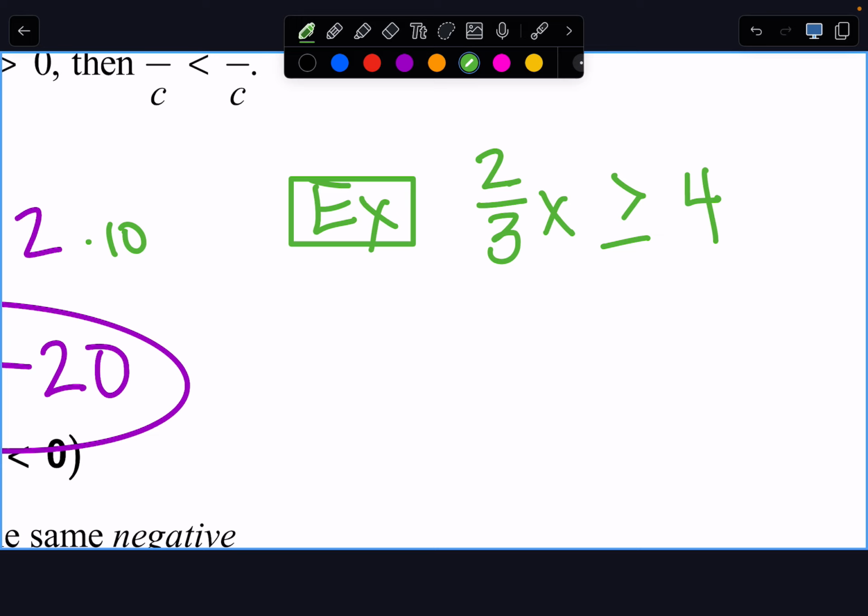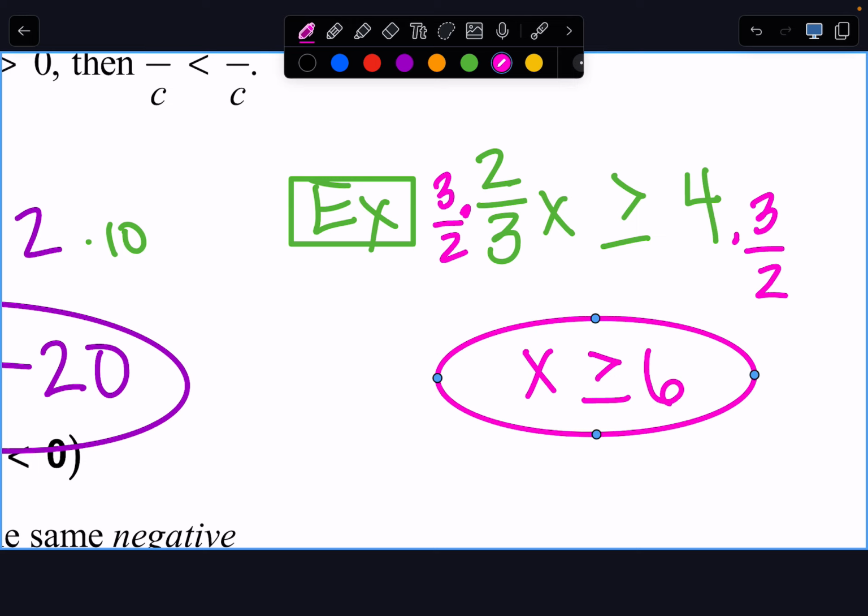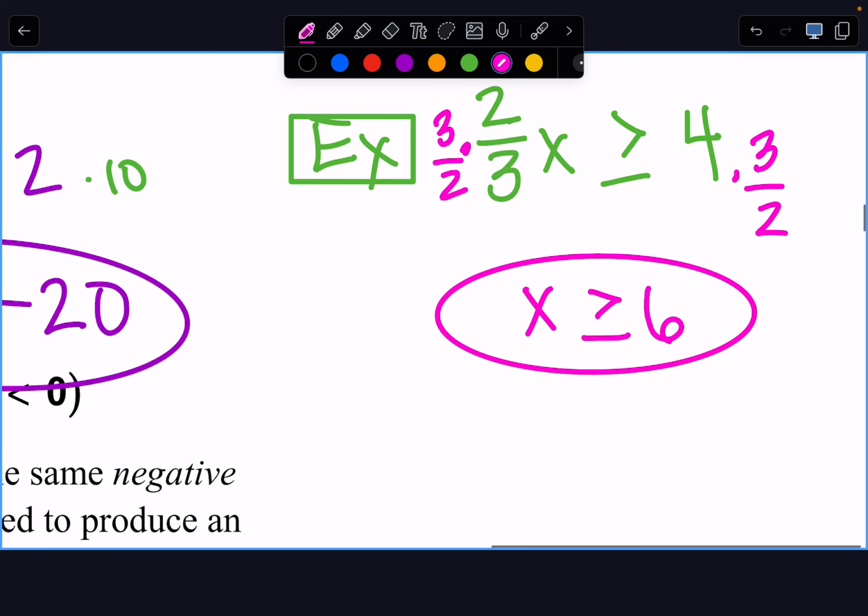Technically, 2/3 is being multiplied to x, so we want to divide by 2/3, but dividing by 2/3 is the same as multiplying by 3/2. So that we get x is greater than or equal to 4 times 3 divided by 2, which is 6.